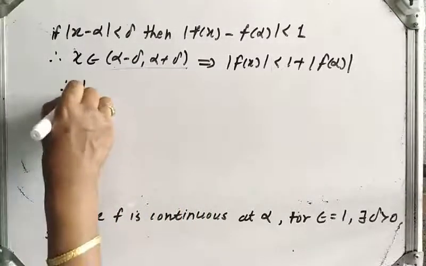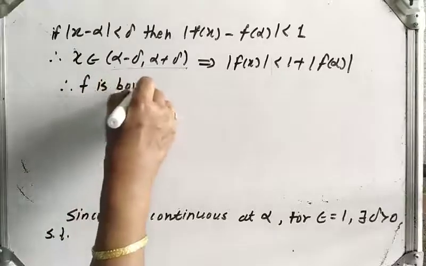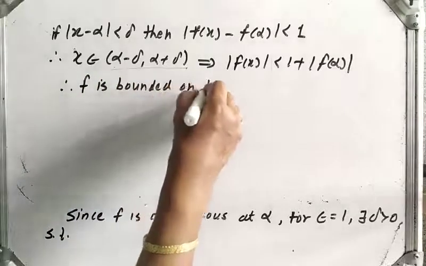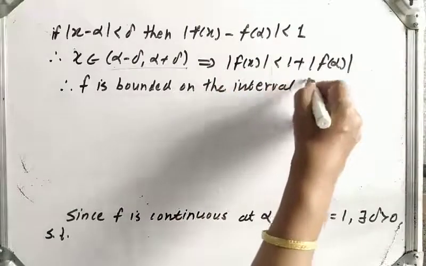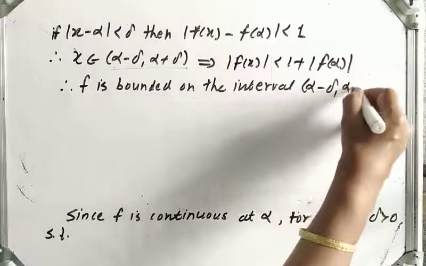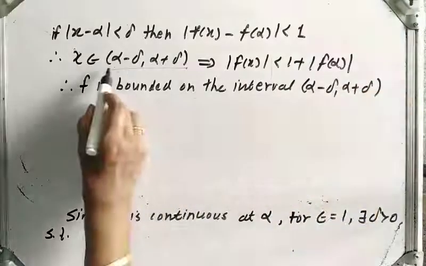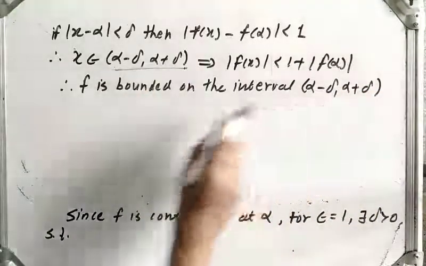Therefore f is bounded on the interval alpha minus delta, alpha plus delta.